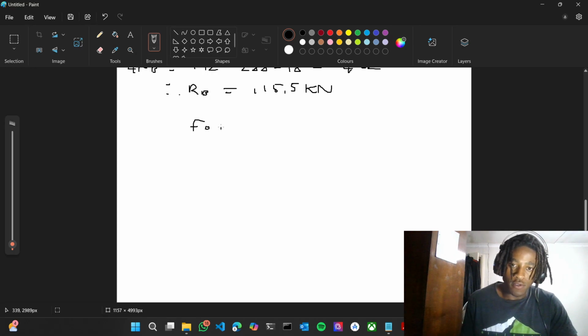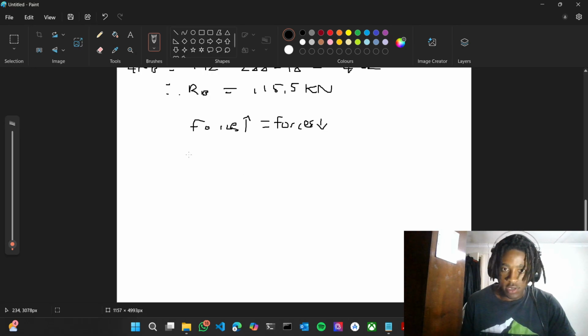Now to test it out, we know that the forces going up need to equal the forces going down. That's how we know the system is in fact in equilibrium, and we in fact derived the correct reactions. So RA plus RB needs to equal, what is this, 48, right? Yeah, 48 by 2 plus 24 by 2.